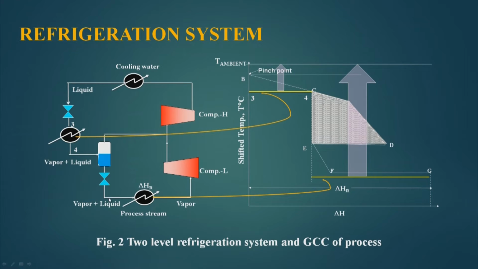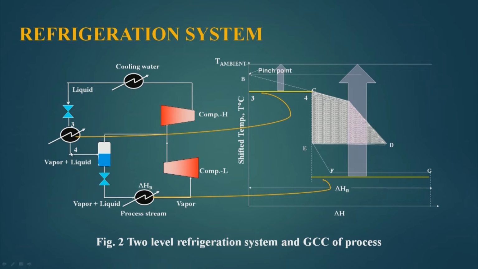Now, here the liquid vapor mixture gets evaporated and the vapor is created. This is compressed, the vapor goes to the inlet of the higher compressor, and then it is further compressed and goes to the condenser, where it rejects heat at this temperature level, and then the liquid is expanded, and here we create a temperature level which is this.